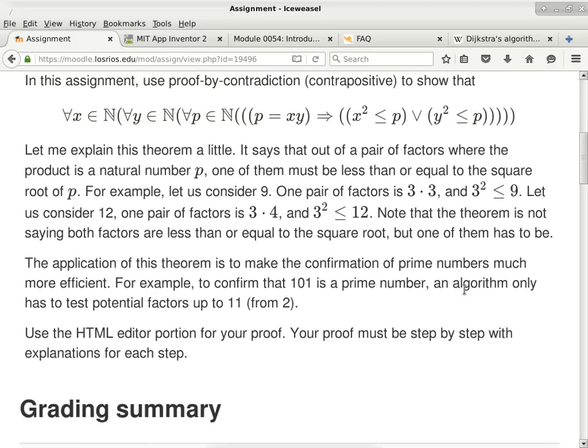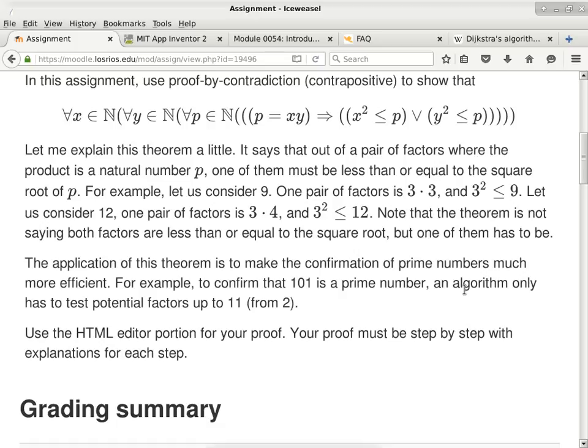The theorem that we are trying to prove is the first part of the homework assignment. I specifically said in class, there's no need to use quantifiers in your answer. So if you look at this one, you just forget for all x, for all y, for all p, and basically say that, by definition, p is the product of x and y.